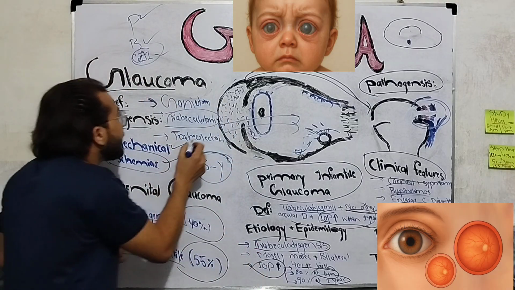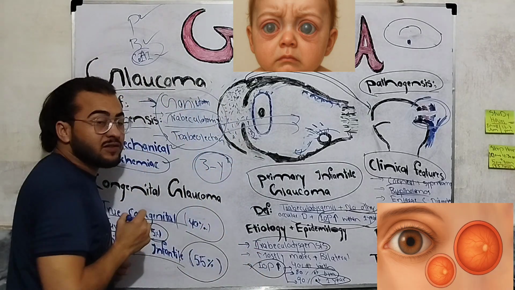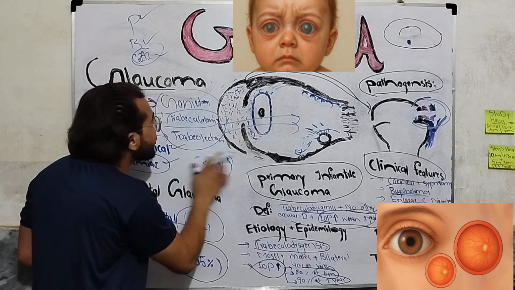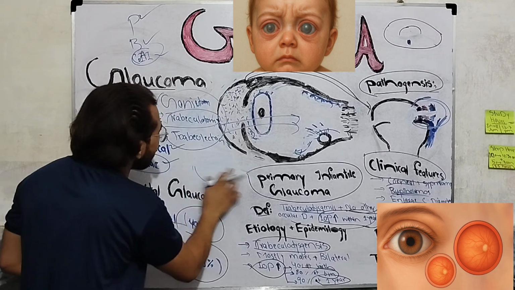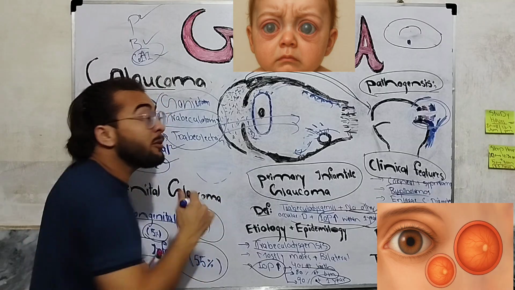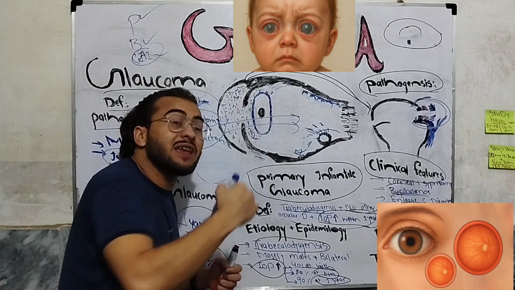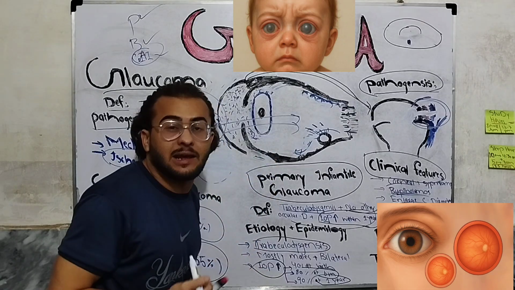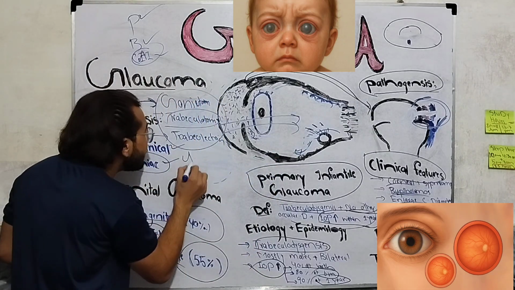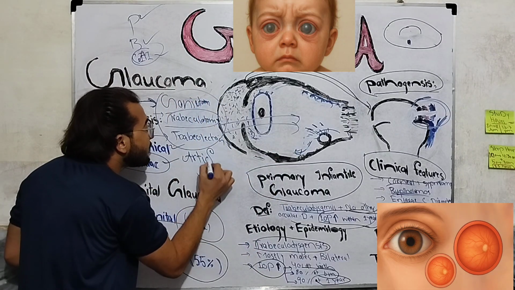And at last, if all these procedures fail, then we indicate artificial drainage devices. Artificial drainage devices can be placed in the sclera.